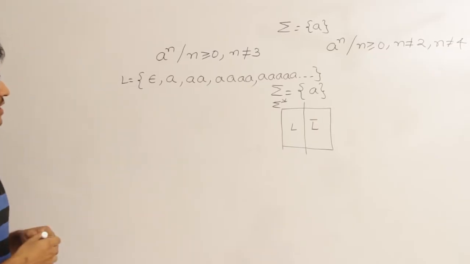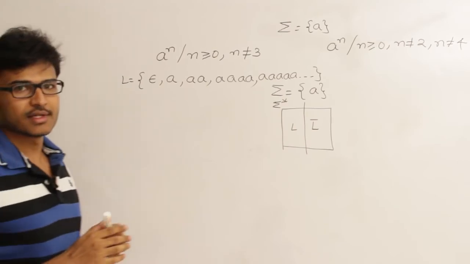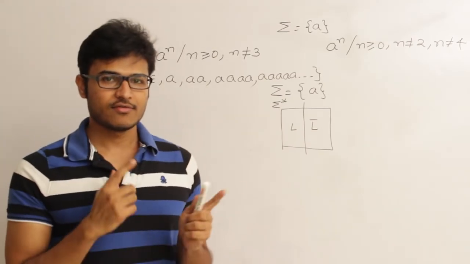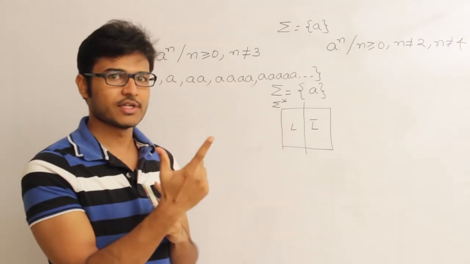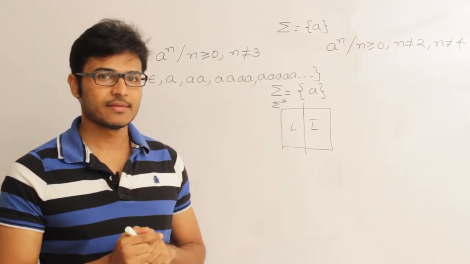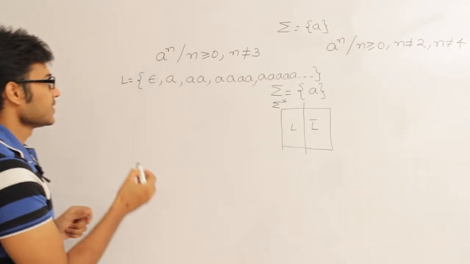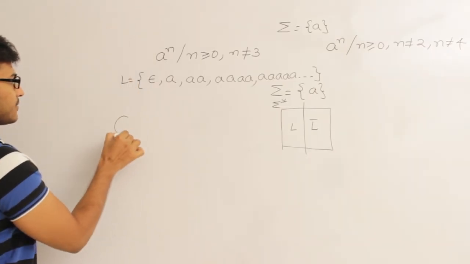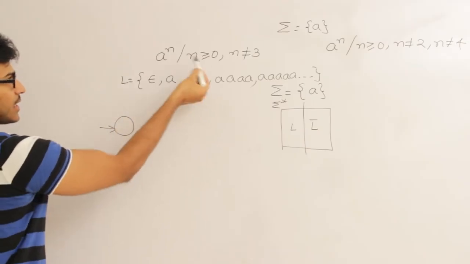In such a case, how you should draw the DFA is, at least construct the DFA for the minimal string which has to be rejected. Till there you construct the DFA skeleton, and then you can accept everything. See this? I have to accept everything except A cube.